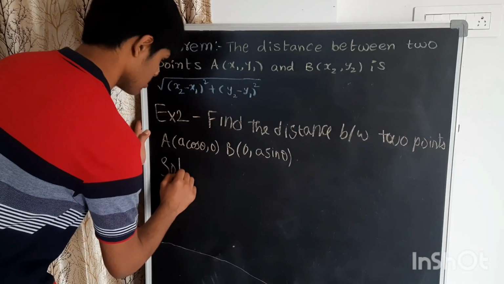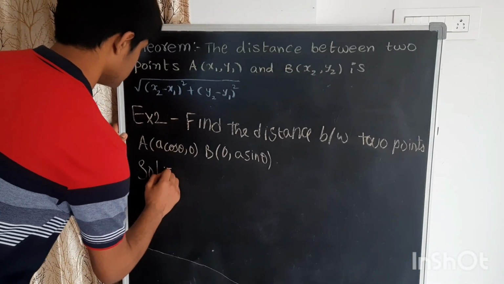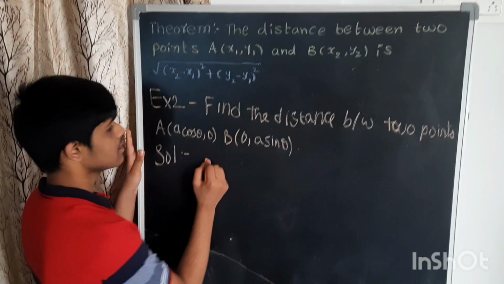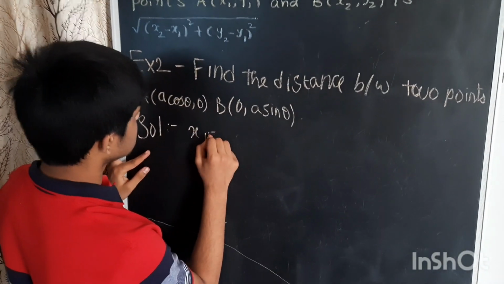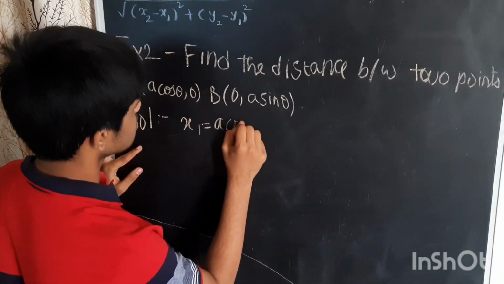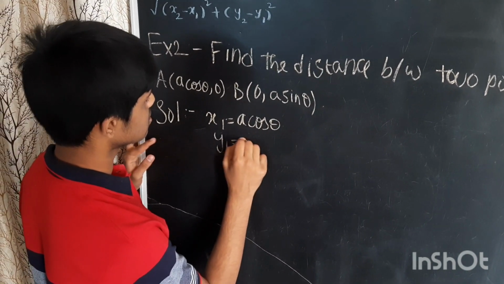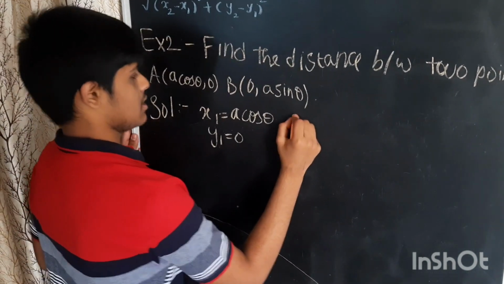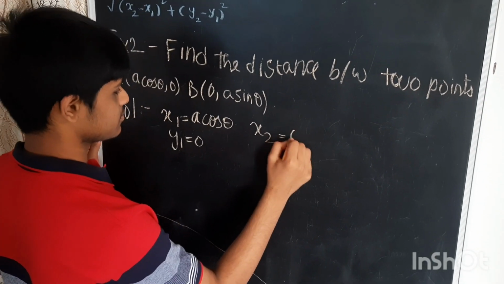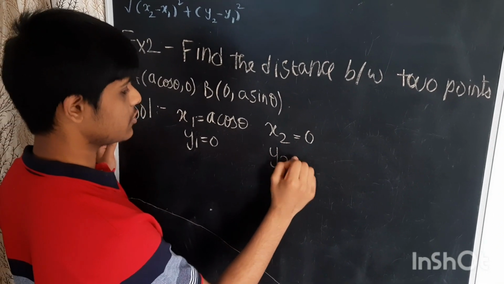Solution. Here x1 equal to A cos theta, y1 equal to 0, x2 equal to 0, y2 equal to A sin theta.